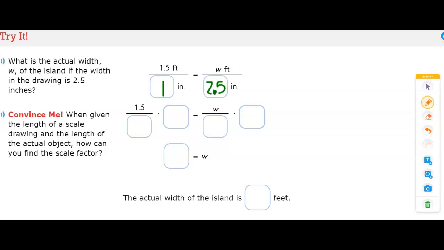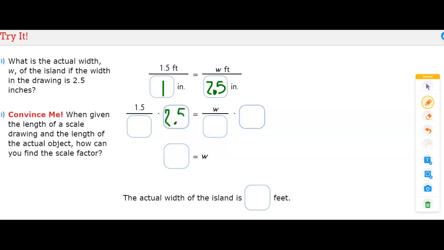We're going to take the 2 5/10 and do the inverse of dividing, because W feet divided by 2 5/10 inches, the inverse is multiplying. So we're going to multiply 2 5/10 on both sides.